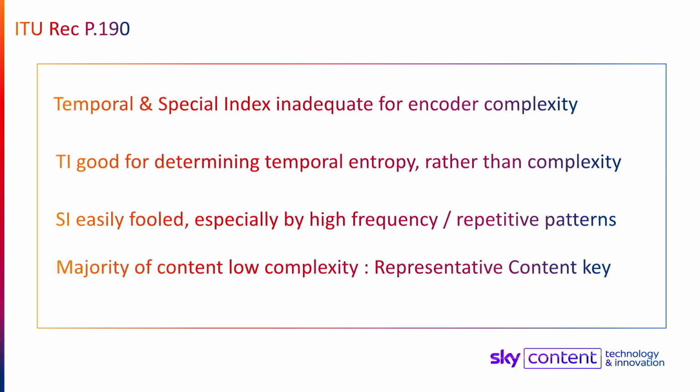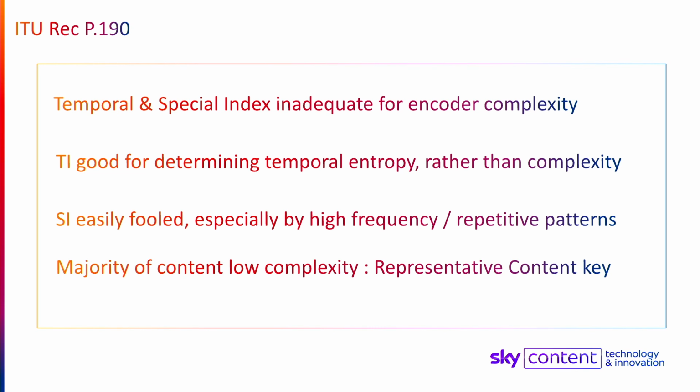Another thing is the balance of representative content that you're using for your tests. In this scenario, you want very high, moderate, and easy content. But you do need to understand that the majority of the content is of quite low complexity.